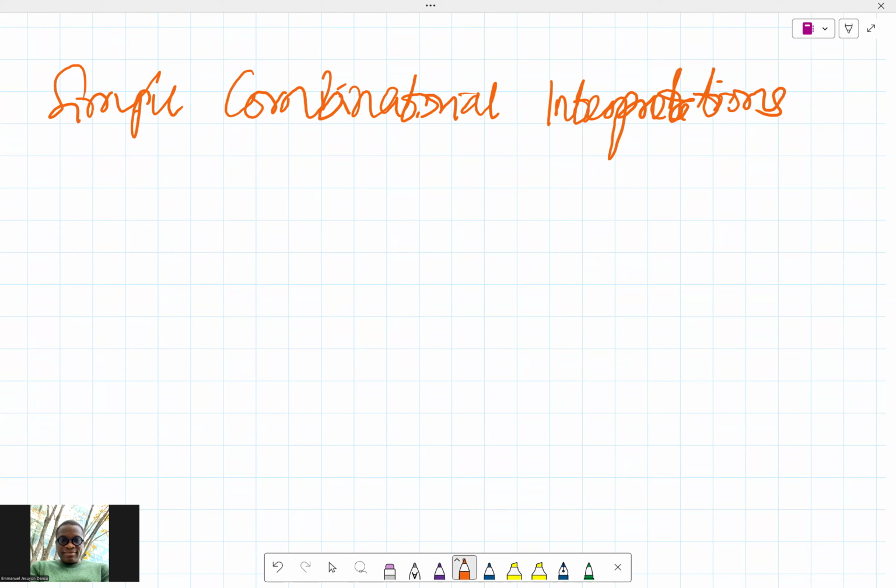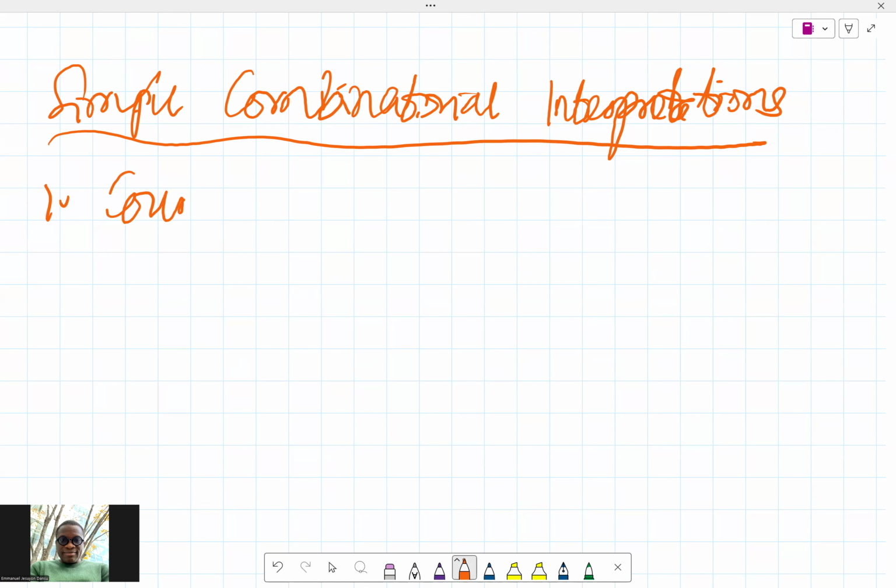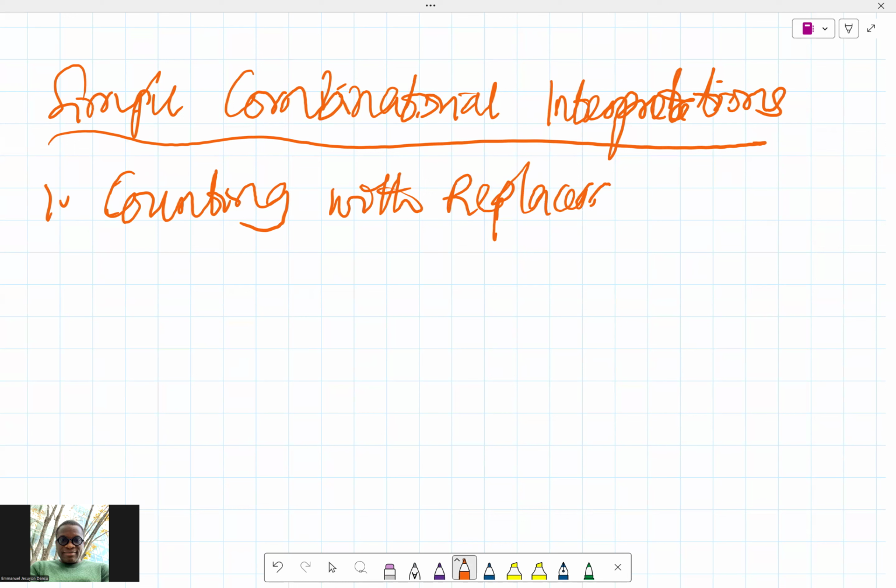So first we talk about counting with replacement. When we did probability and talked about random sampling, this idea of counting with or without replacement came up.